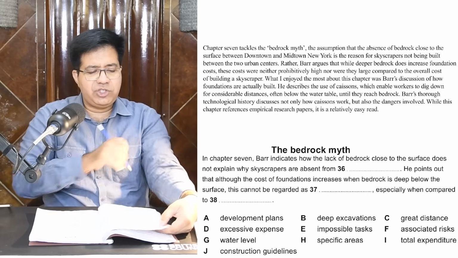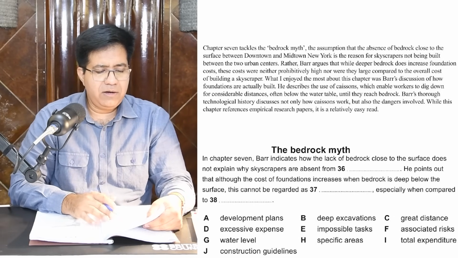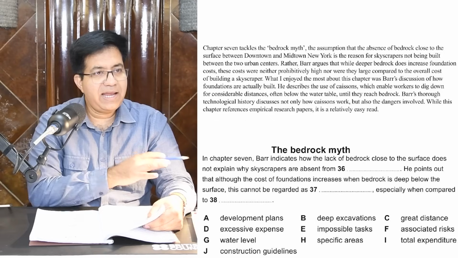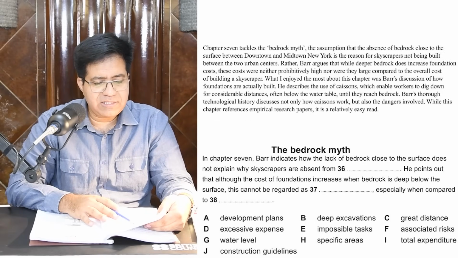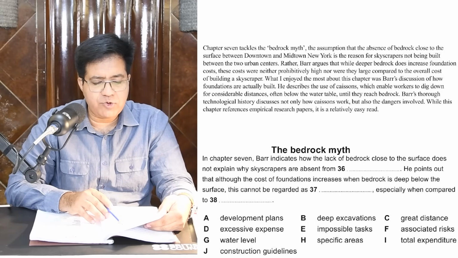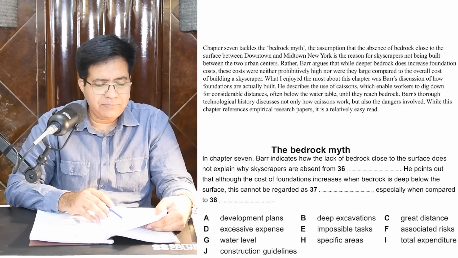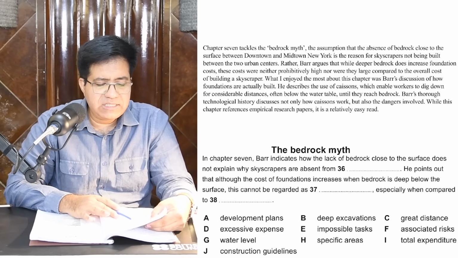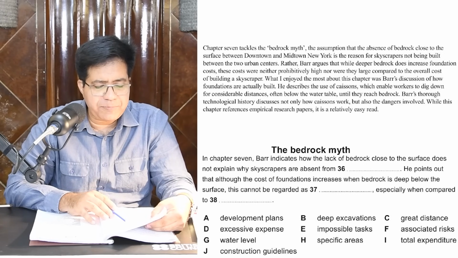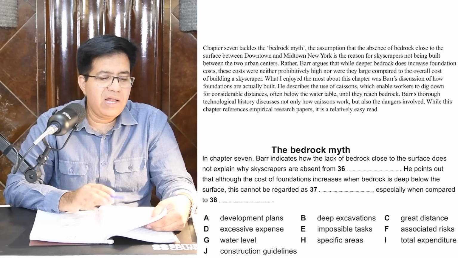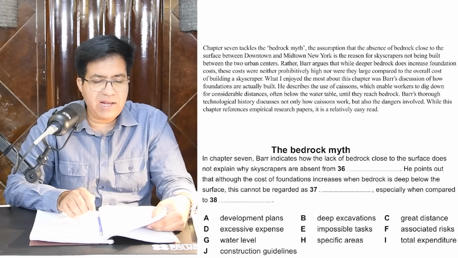Now we read the question. In chapter 7, Barr, who is Barr? The writer. Barr indicates how the lack of bedrock close to the surface does not explain why skyscrapers are absent from dash. Now, why skyscrapers are absent?